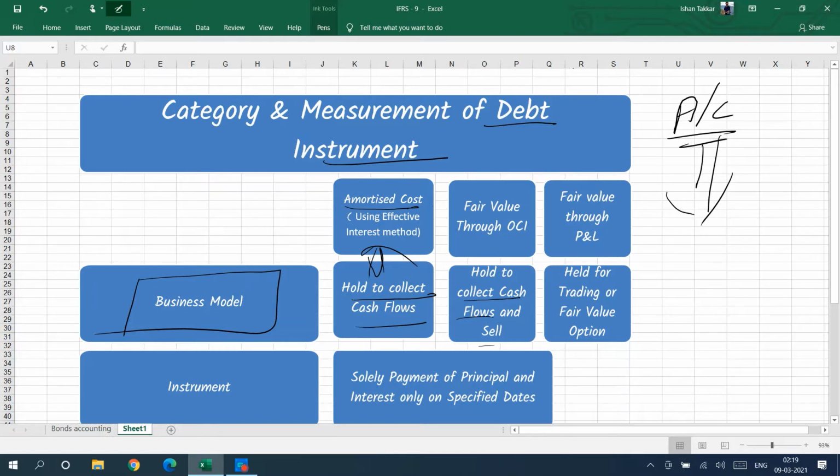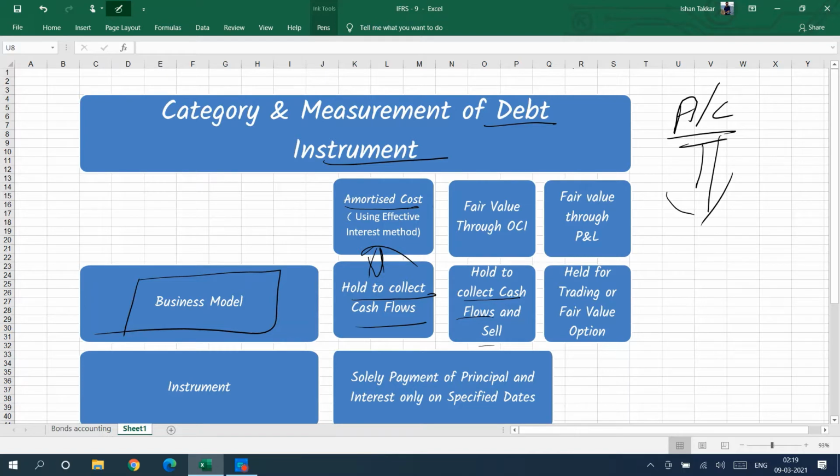And if your business model is to collect cash flows, but you think you can sell it as and when you need, then it says you cannot show it at cost, because there is risk, because you can sell it. So you need to show the fair picture. When you need to show the fair picture, then you need to do the accounting at fair value.